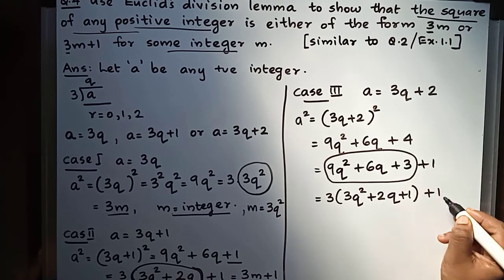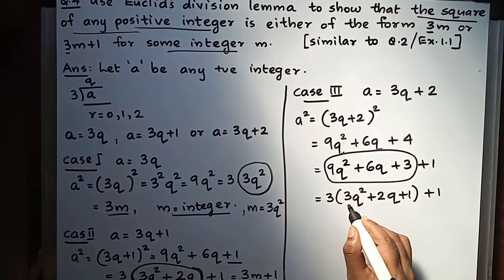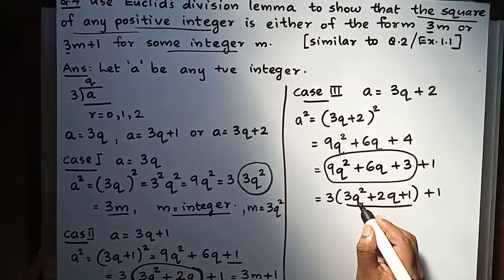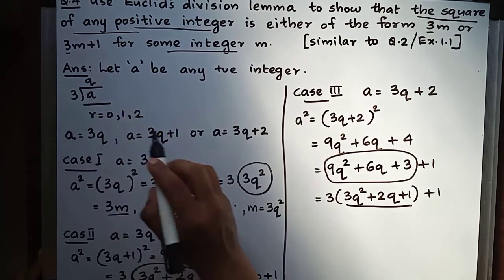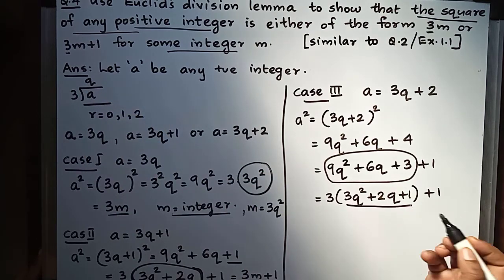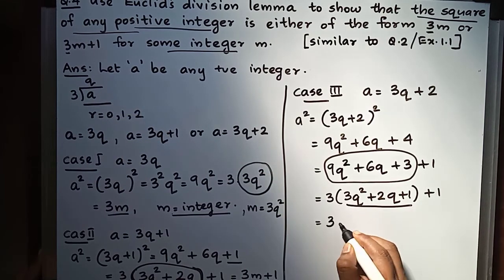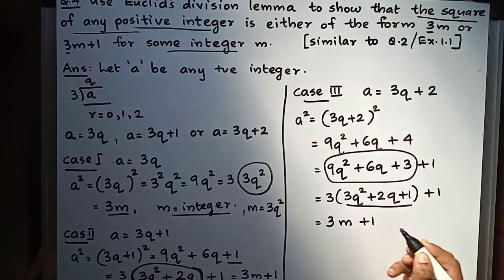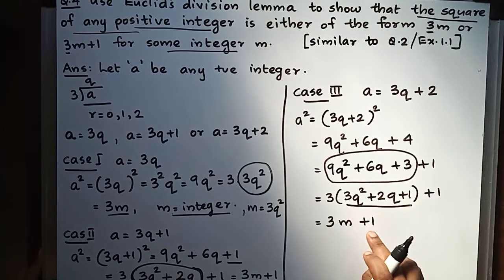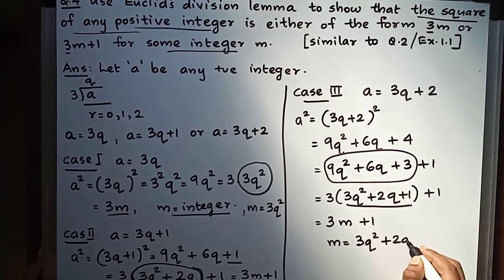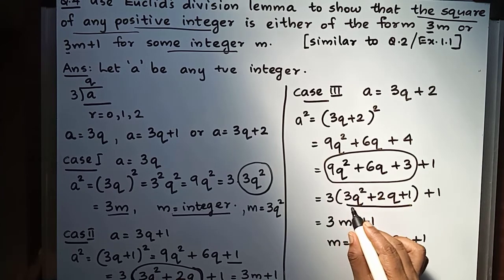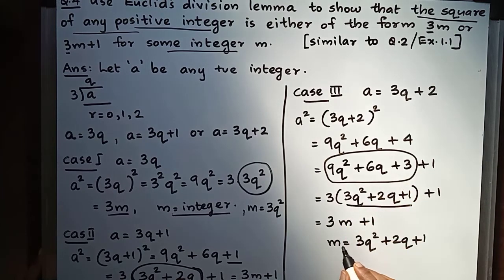And again this plus 1. Q is the quotient which we got from here, so this is another integer. So we can write it as 3m plus 1. In this case, m is 3q square plus 2q plus 1. This thing is considered as m, where m is an integer.